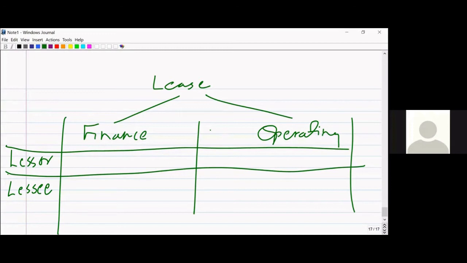Are you sure? Have a look here. The owner of the asset. Lessor means who lets the property to another, a landlord. So one who gives on rent.